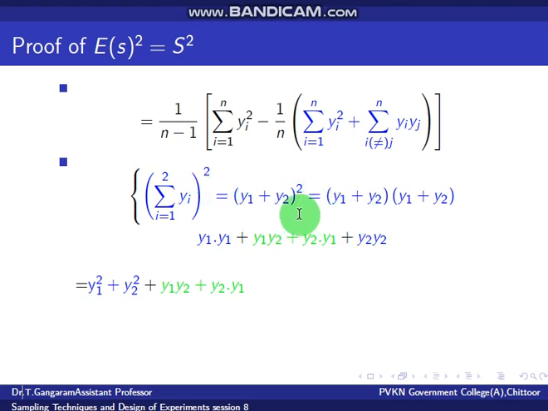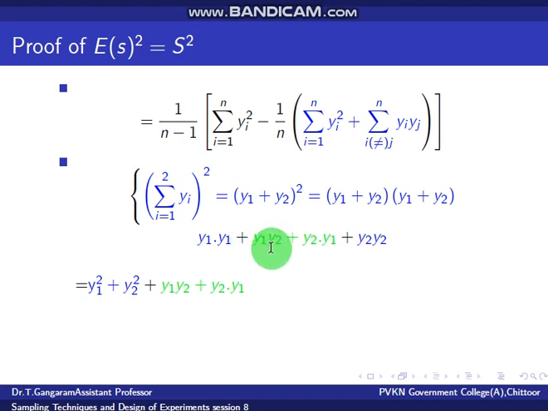We can write this as y1 plus y2 into y1 plus y2. Let us expand this: y1 into y1, y1 into y2, y2 into y1, y2 into y2. Here the square terms are y1 square and y2 square, and y1 y2 and y2 y1 are the two cross terms.